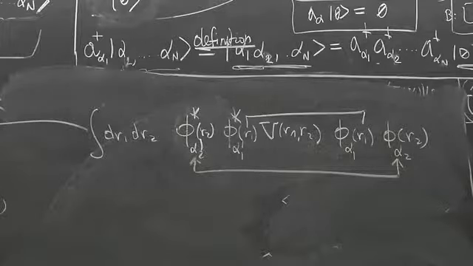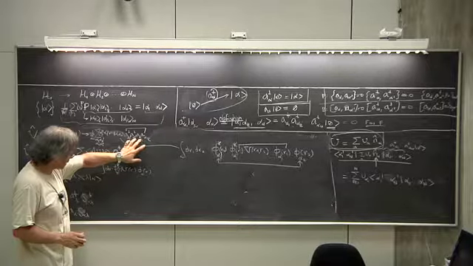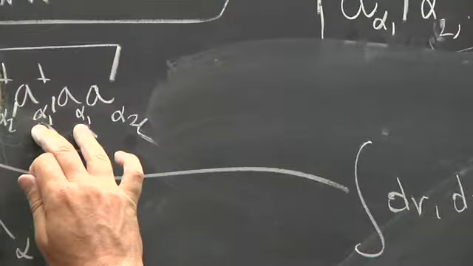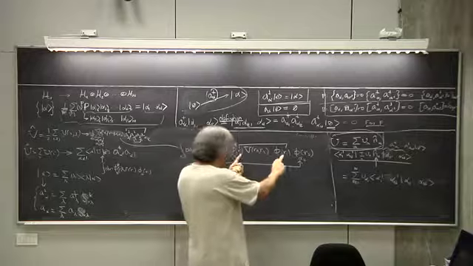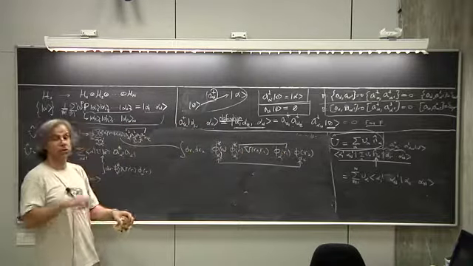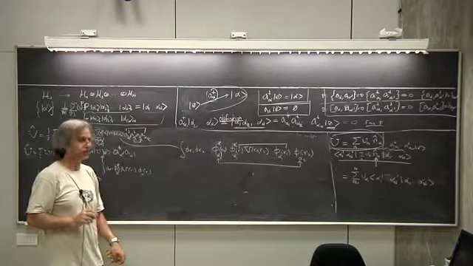So this is important. I have to always make sure that I write the order in which the labels appear in such a way that contiguous labels here are associated to the same variable in the integral. All right?